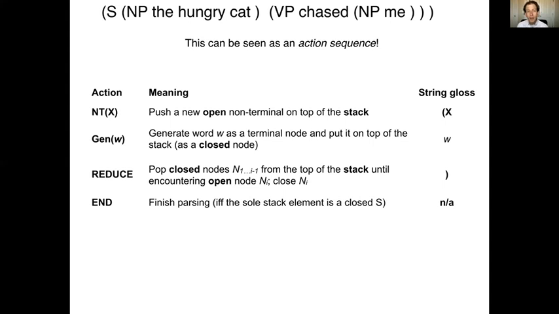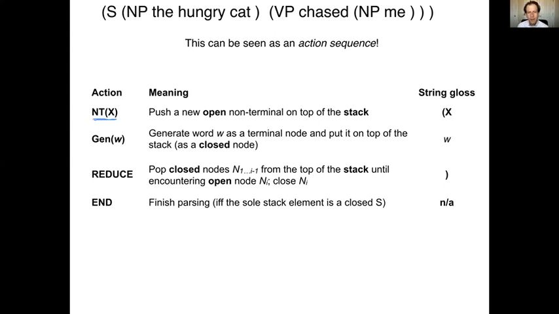In order to tally the inventory of types of actions that are necessary for a context-free grammar, there are 4 classes that are necessary, and we can think about them as follows. So the first is going to be the generation of a non-terminal symbol.